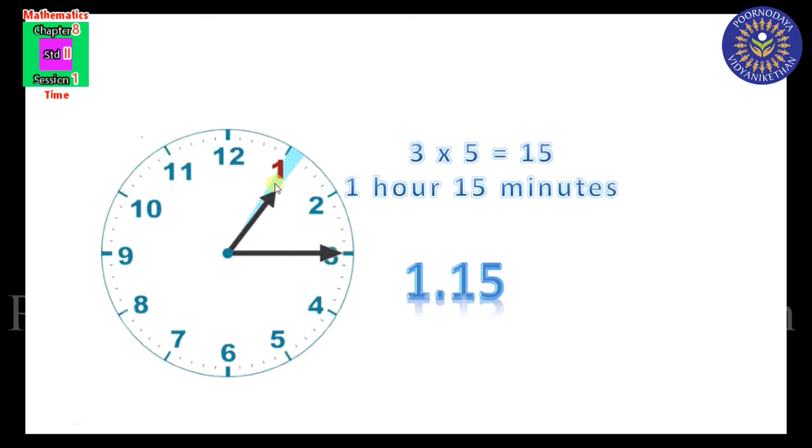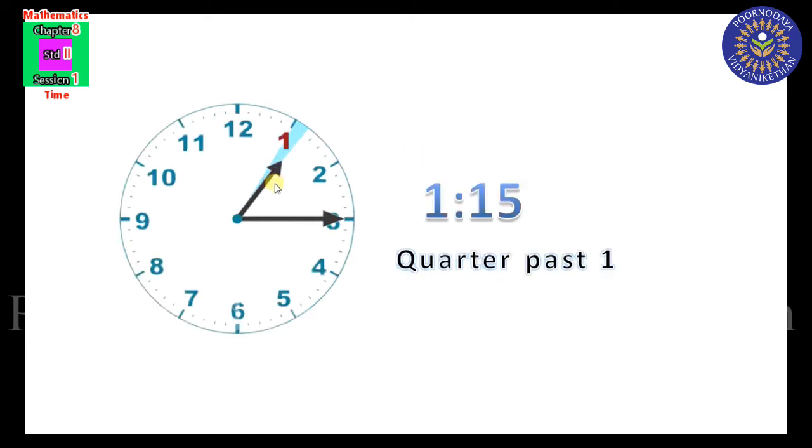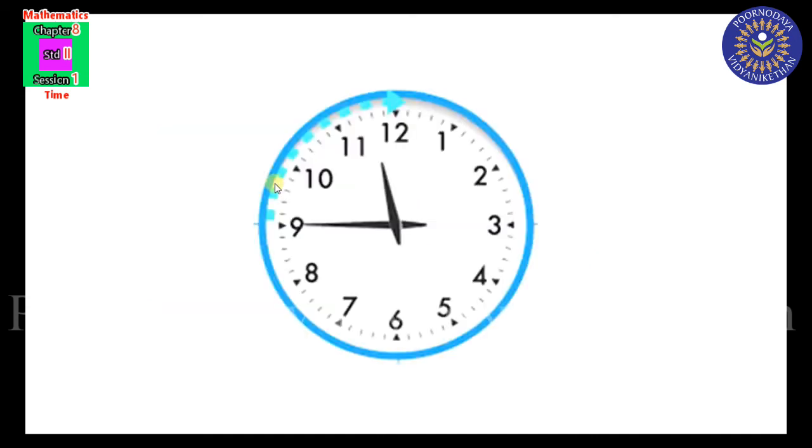Clear? Children, listen here. This 1:15 means quarter past 1. What does it mean? Listen here. This is our clock.